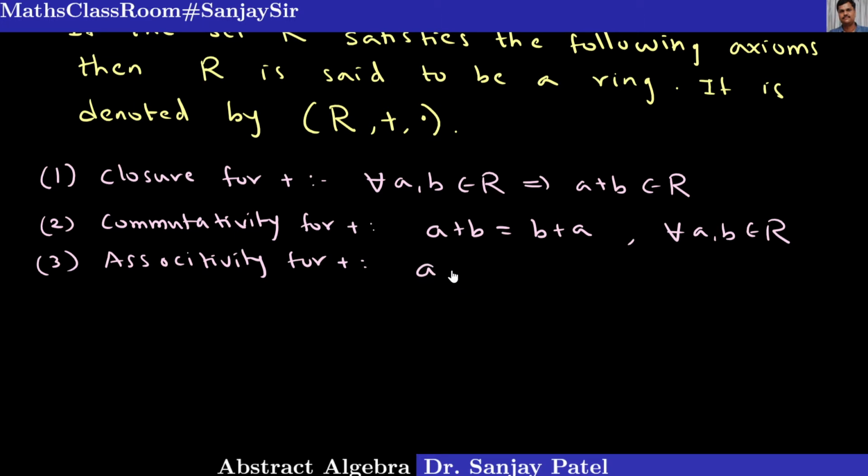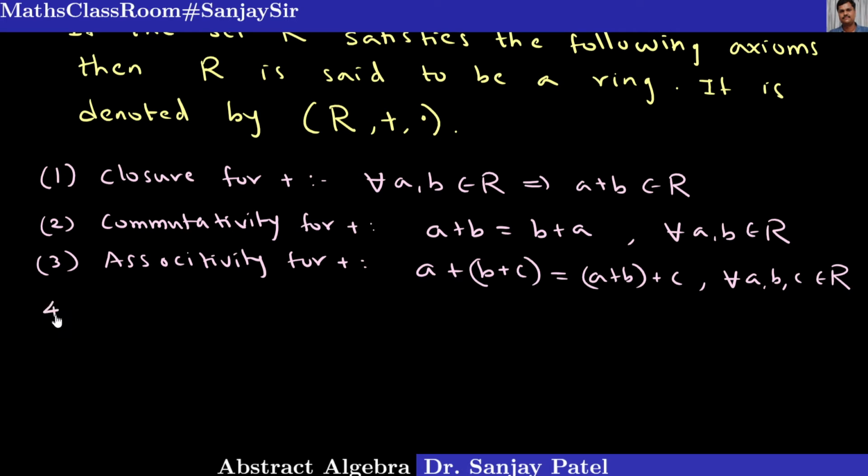That is, for any three elements a, b and c, we have (a plus b) plus c is equal to a plus (b plus c), and this must hold for all a, b and c belongs to R.